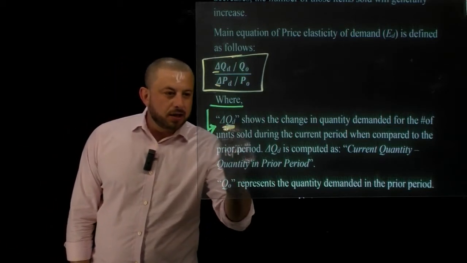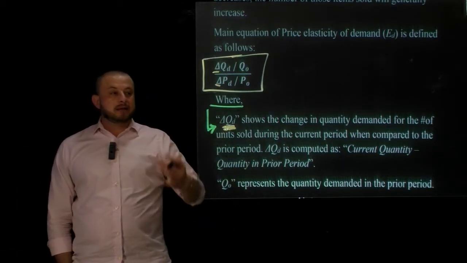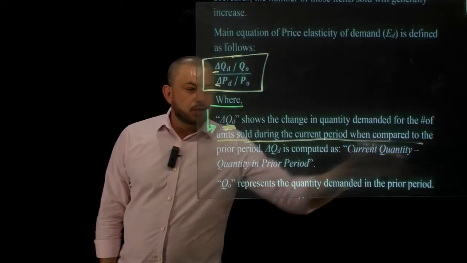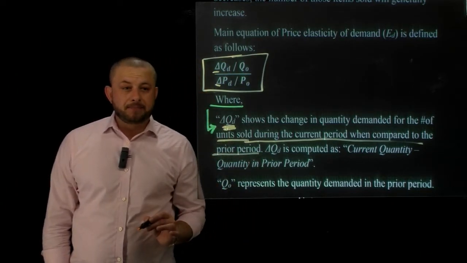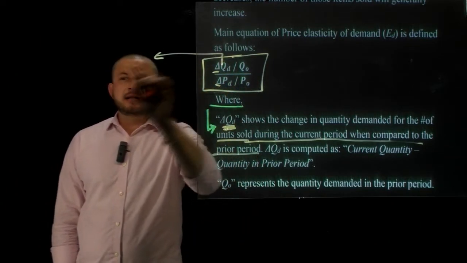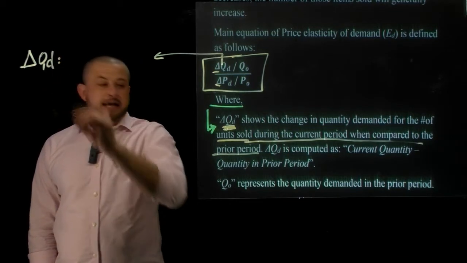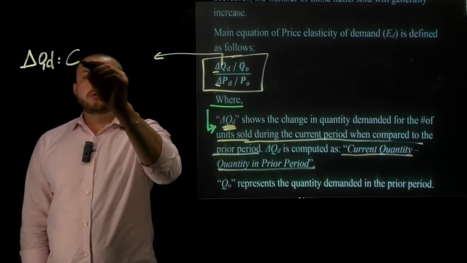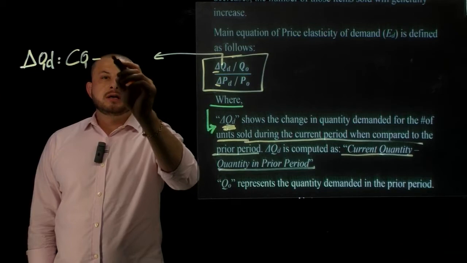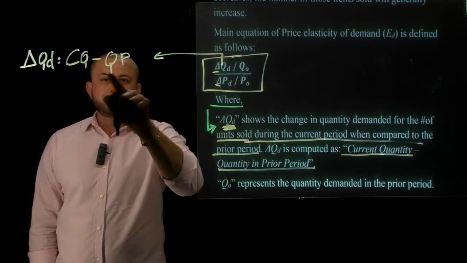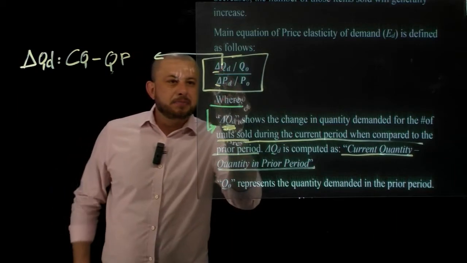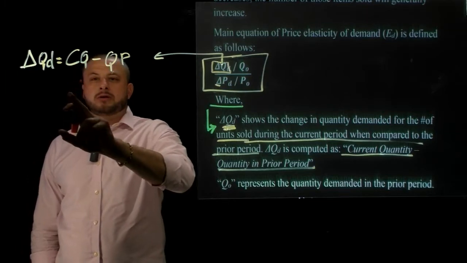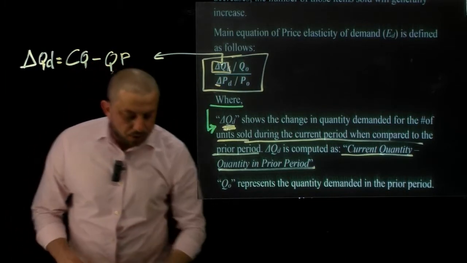Therefore, delta QD shows the change in quantity demanded for the number of units sold, rooms for example, during the current period when compared to the prior period, okay? I can expand delta QD as how you see it over here, current quantity, CQ, minus the quantity in the prior period, QP, okay? So I can expand this little guy right here, therefore delta QD will be equal to current quantity minus quantity in prior period, okay?